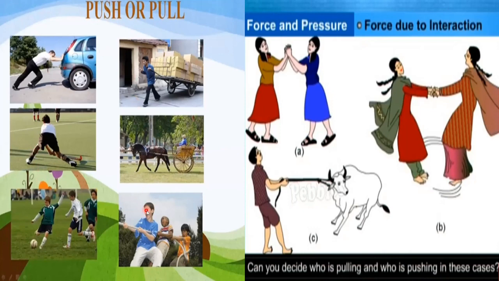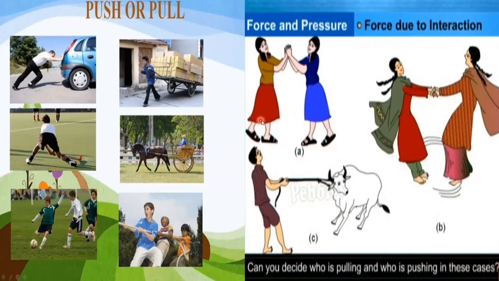Now we have another set of pictures. Here we have a man who is pulling the cart. A horse is pulling the cart, and here a few children are trying to pull the rope. So we can say that in these examples, force is applied in such a way that the object is moving towards themselves.